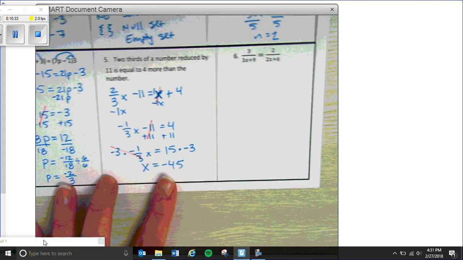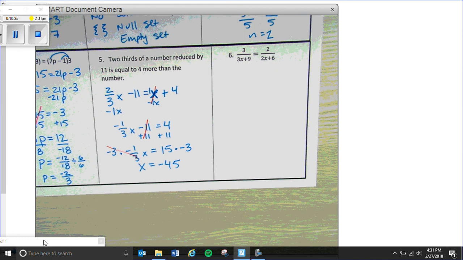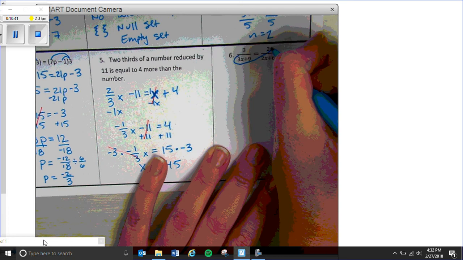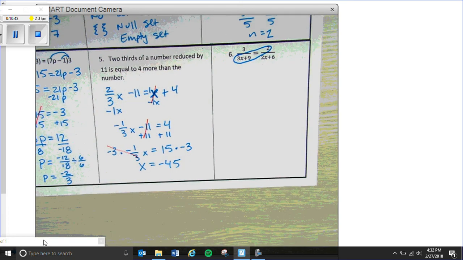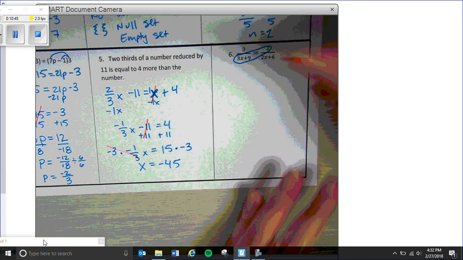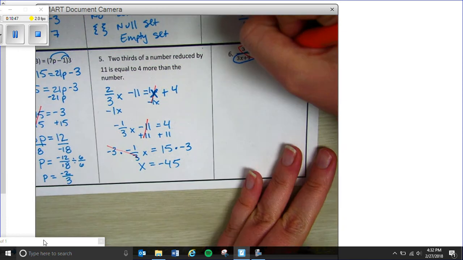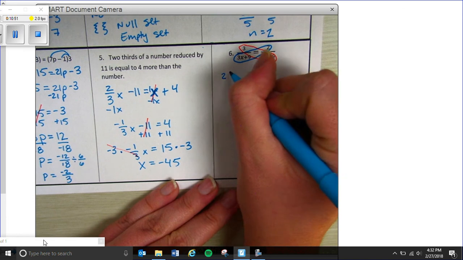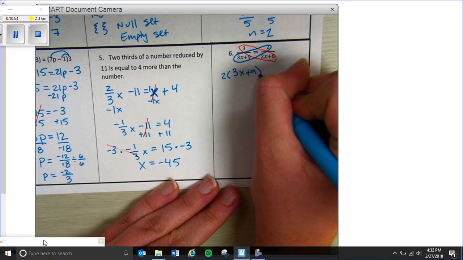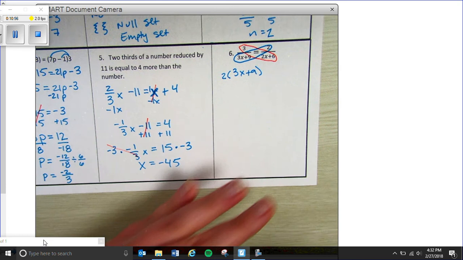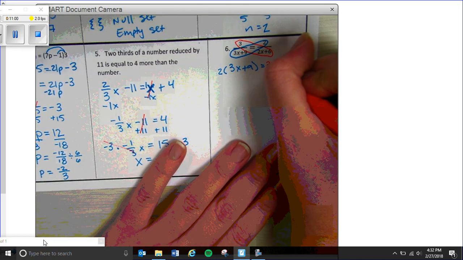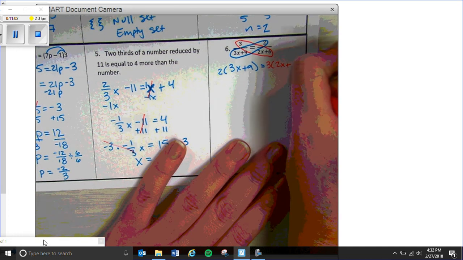And the last problem we have to talk about is number 6. Number 6 is a similar start to number 3. We have a proportion here. So, excuse me, we cross multiply. So I have 2 times 3x plus 9 is equal to 3 times 2x plus 6.